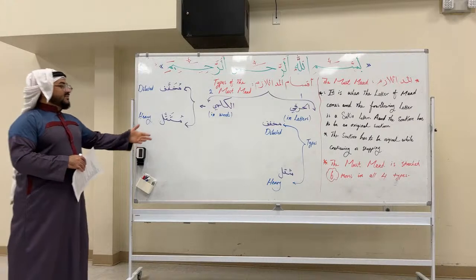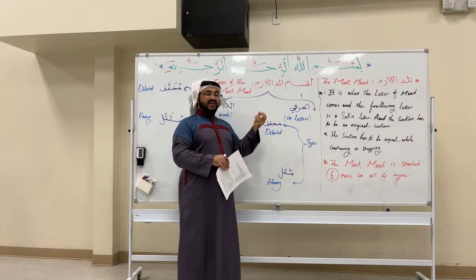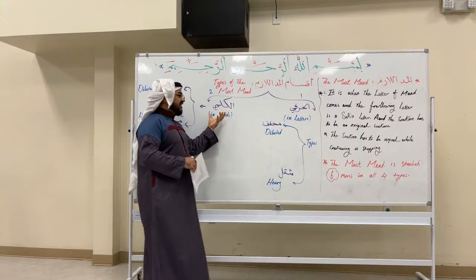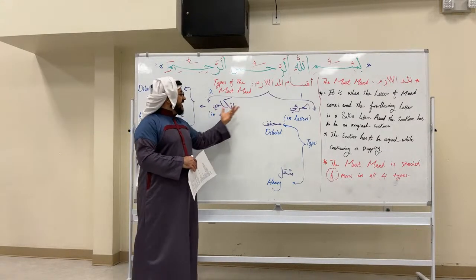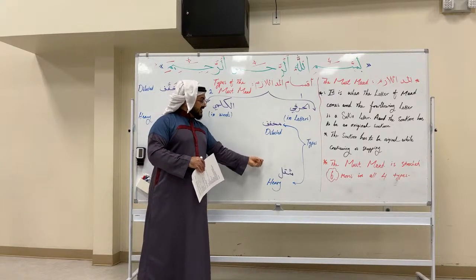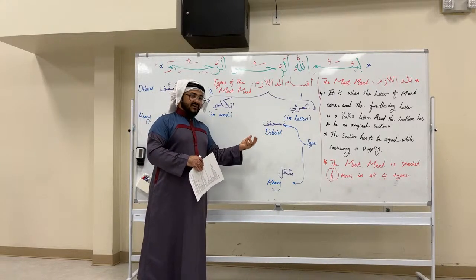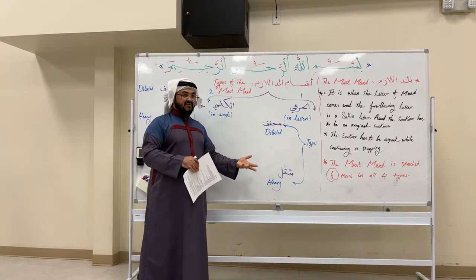And then, if you look here, the types: you have harfi, in letters, and kalimi, in words, right? Harfi and kalimi, and then the harfi comes in two types: mukhaffaf, easy, diluted, and muthaqqal, heavy.